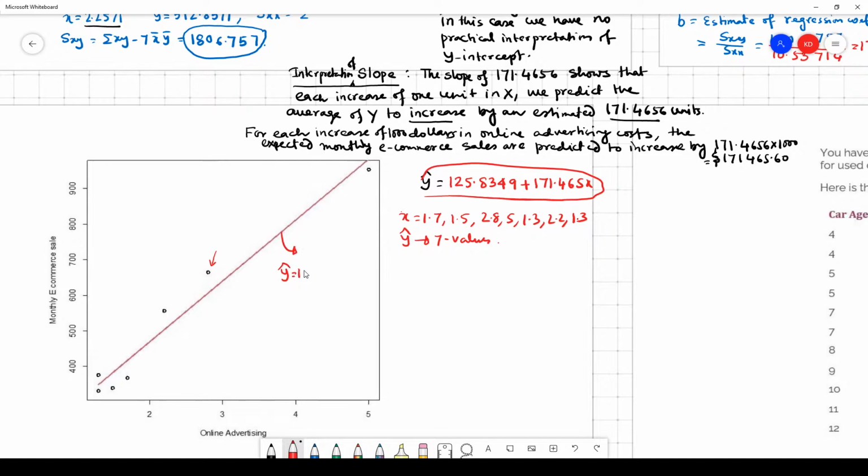Please do it yourself at home after this class. From this graph we see that the observed values are very close to the straight line.